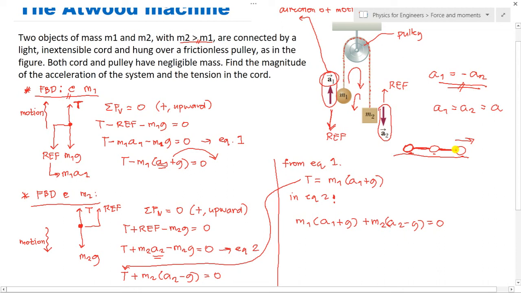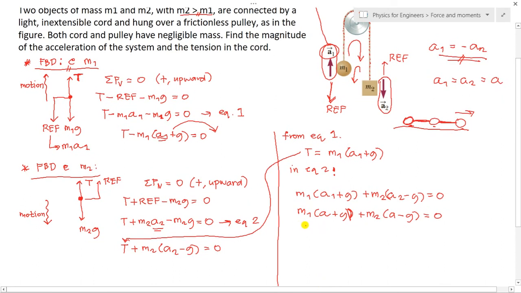So here in our equation, this is mass 1 times acceleration plus g, plus mass 2 times acceleration minus g, is equal to 0. Let us distribute to separate the acceleration. So we have mass 1 a plus mass 1 g plus mass 2 a minus mass 2 g equal to 0.